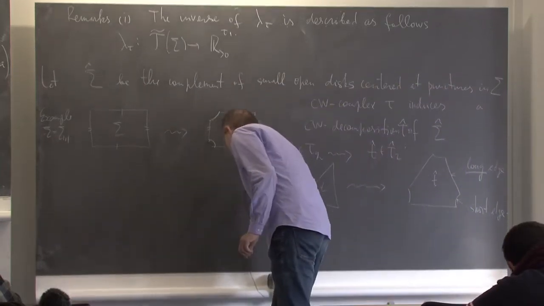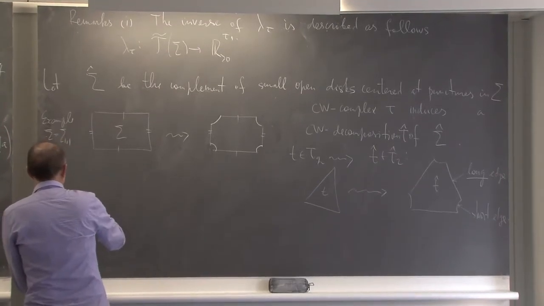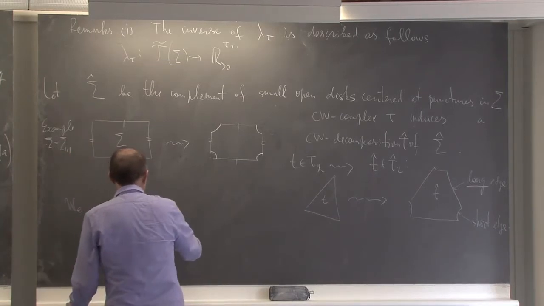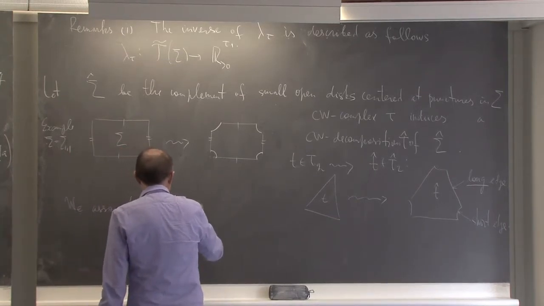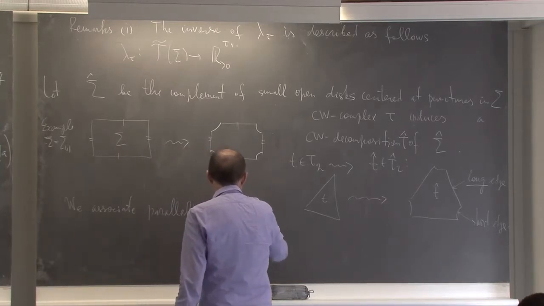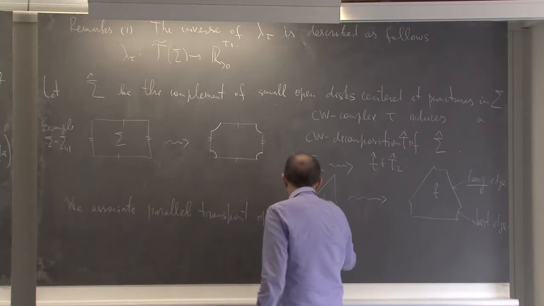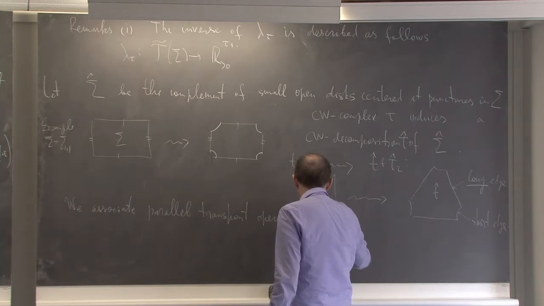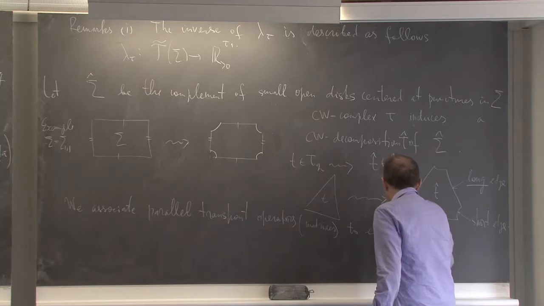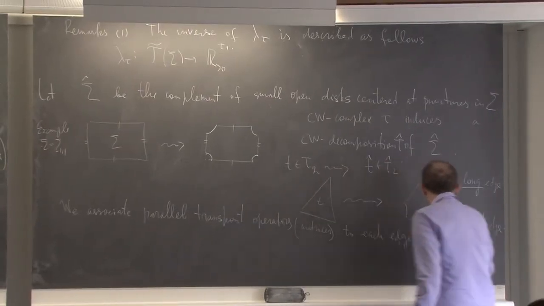And now what we do is the following. We associate parallel transport operators or matrices to each edge of tau hat.